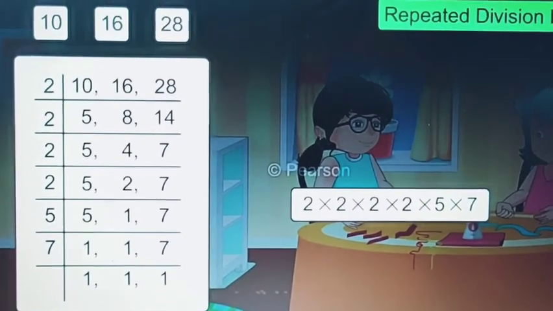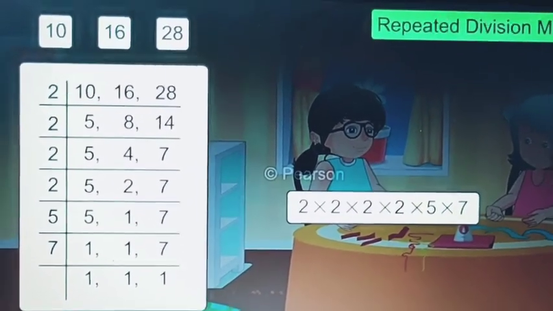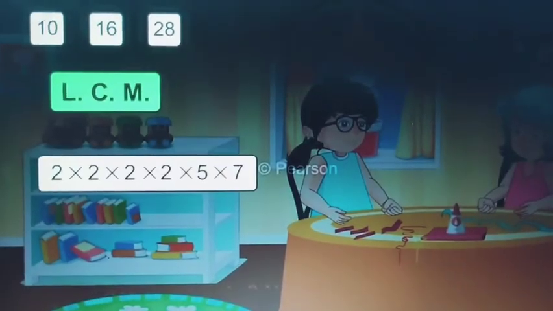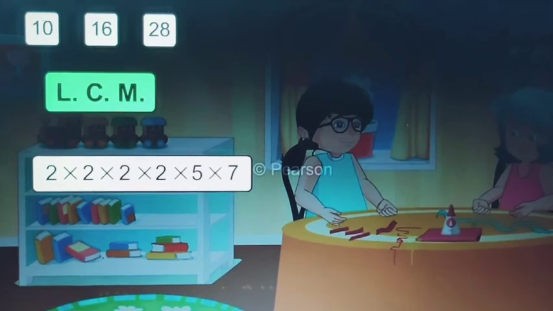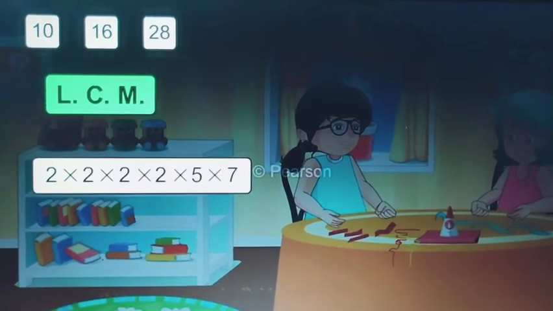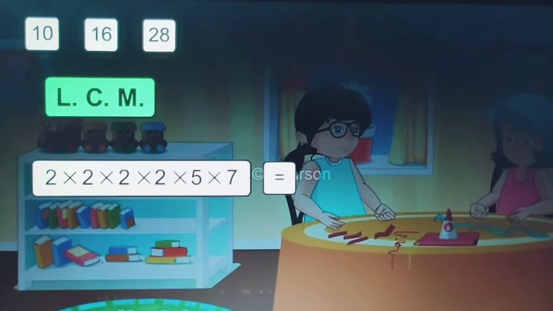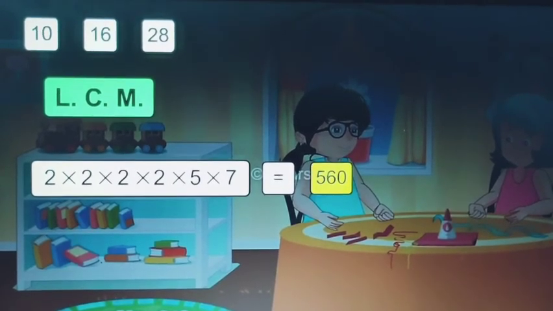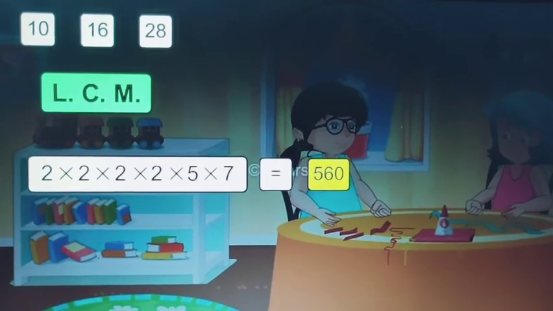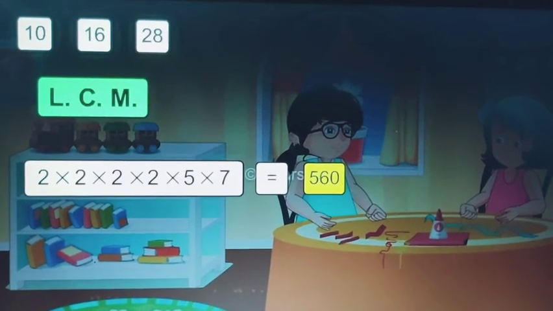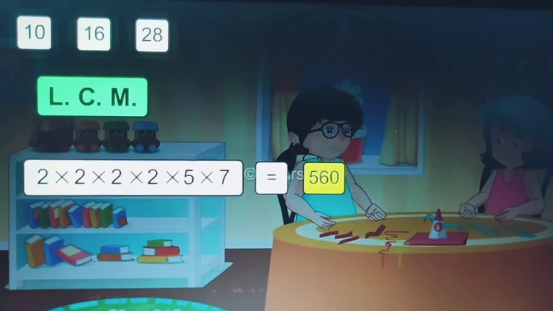Lastly, we multiply all the prime factors to obtain the LCM. That is 2 into 2 into 2 into 2 into 5 into 7 is equal to 560. Thus, the LCM of 10, 16 and 28 is 560.